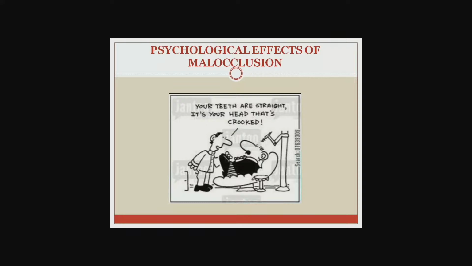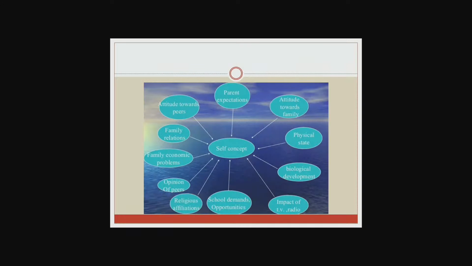The child loses confidence in the peer group, and there the child shows some behavioral malformation and psychological disturbances. So this is known as the concept of how the psychology has been disturbed because of the look.